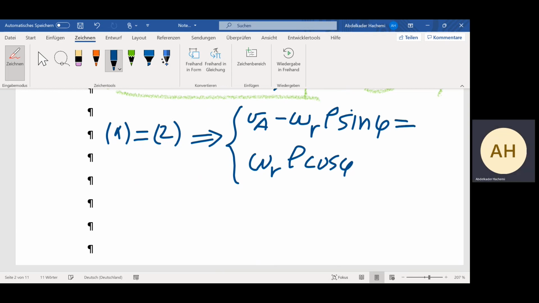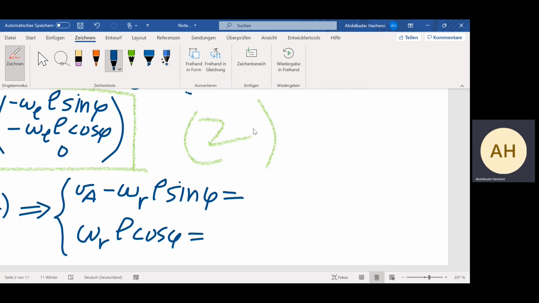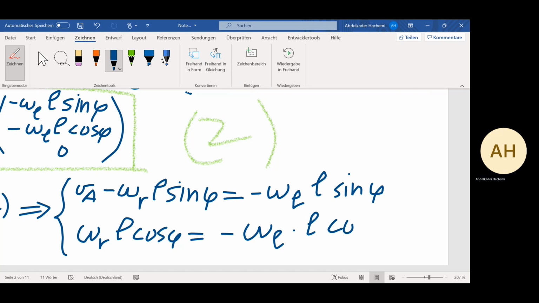This will be equal to minus omega L sine phi, and here minus omega L multiplied by L cosine phi.